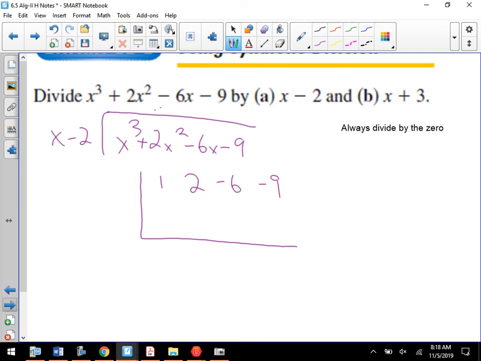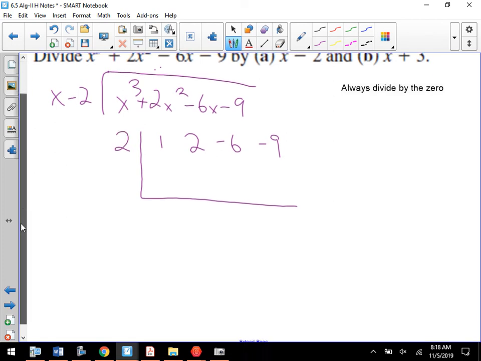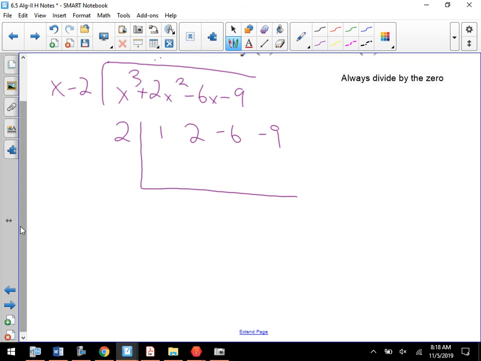So, if x minus 2 is my term, my 0 is 2. If x plus 3 is my term, my 0 is negative 3. You always have to divide, when you're using synthetic, by whatever this value's 0 is. What's the first rule? Drop the 1 down. Multiply, add, multiply, add, multiply, and add.